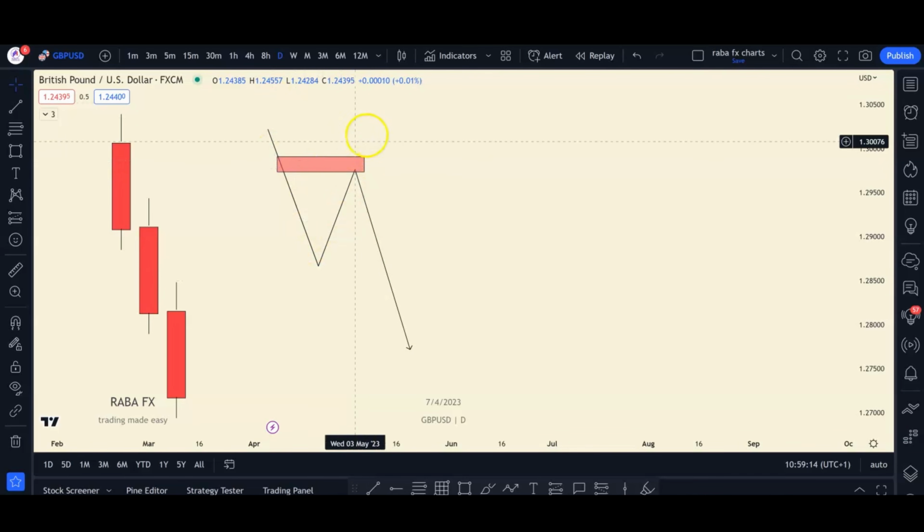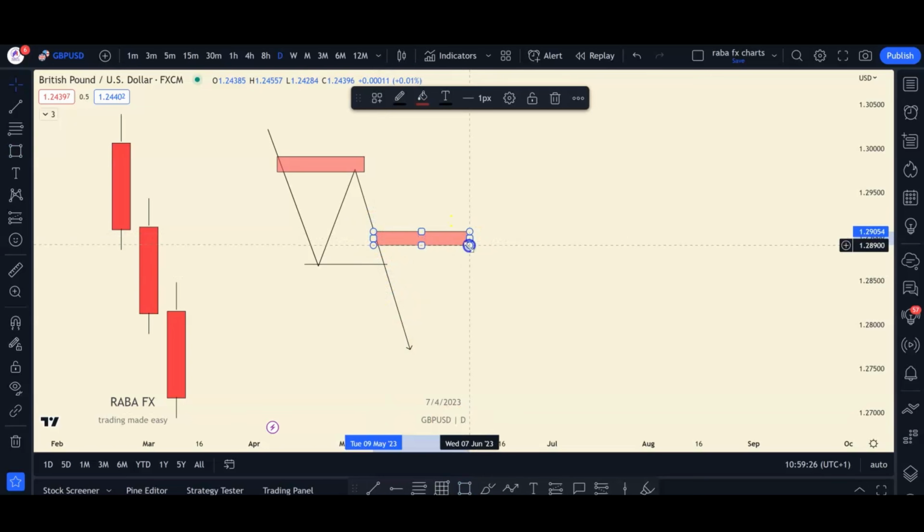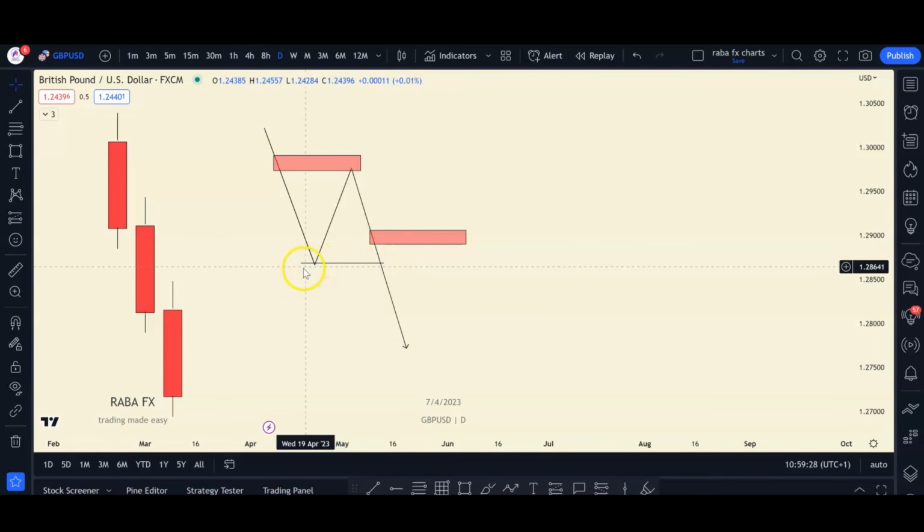Now when you see a break of market structure, there are two areas that are very important when it comes to your point of interest. The first one is the flip area here, where the supply took out the demand, because demand came in here to push price to the upside.